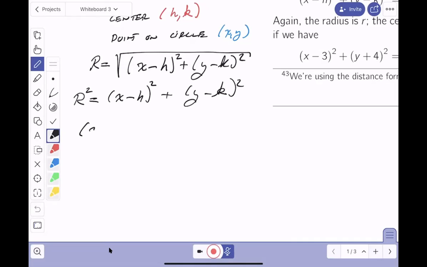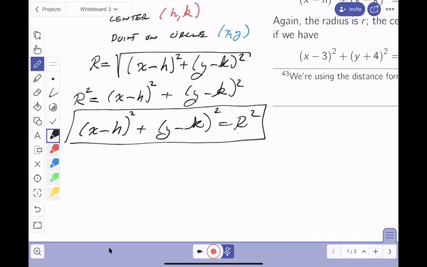So it's going to be X minus H quantity squared plus Y minus K quantity squared equals R squared. This is the equation of a circle in standard form, such that the center, and we'll go through examples, is H comma K, and the radius is R.